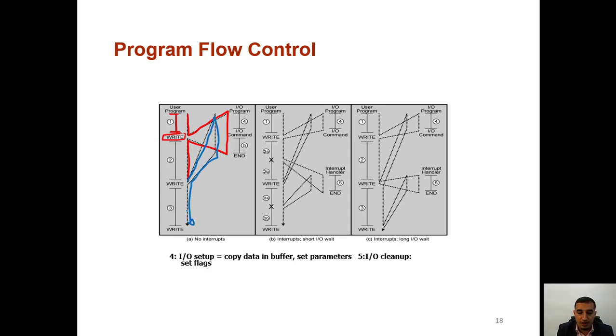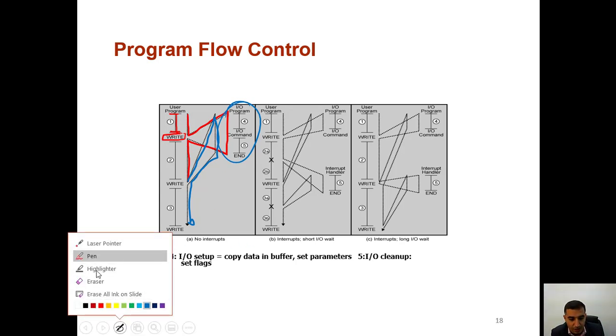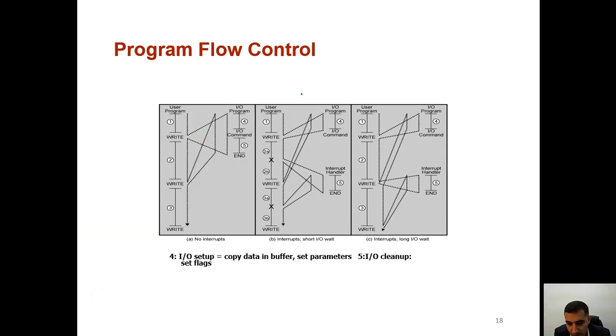Now this is a very odd way, because these 4, 5 signals are very slow, and this means that the write operation will consume a lot of time from the CPU. The other method is to use interrupts with short waiting. Interrupts with short waiting run like this. I run the program.